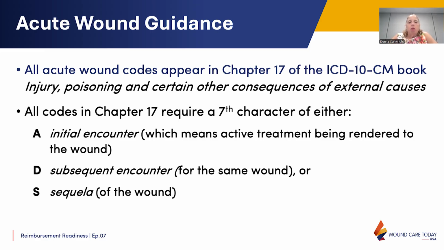All codes in Chapter 17 require a seventh character of either A, which represents an initial encounter, meaning active treatment is being rendered to the wound. Subsequent encounter is D, for the same wound that you treated previously, or it can also be S, sequelae of the original wound.